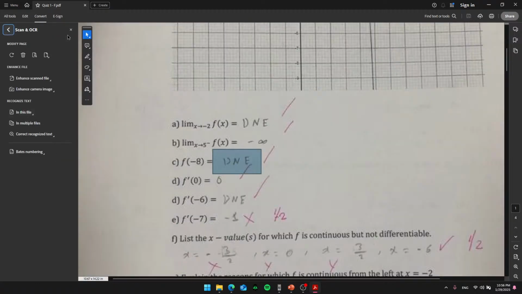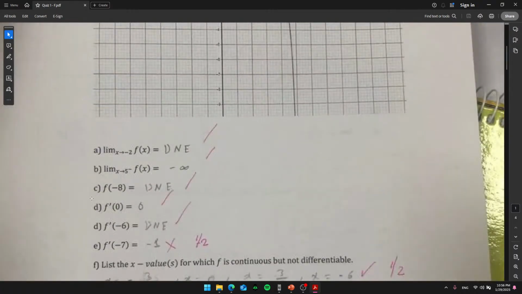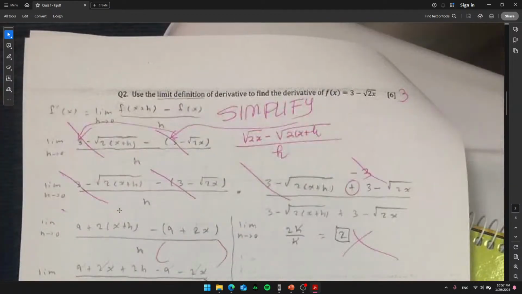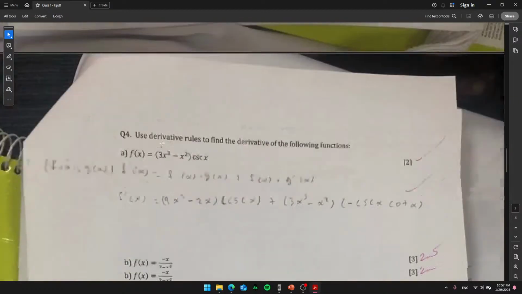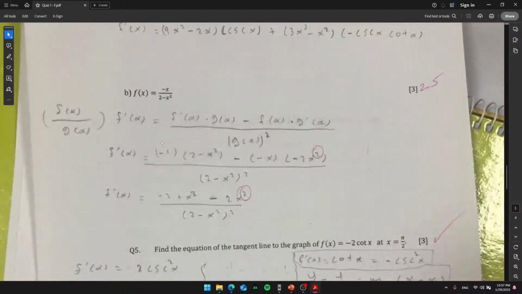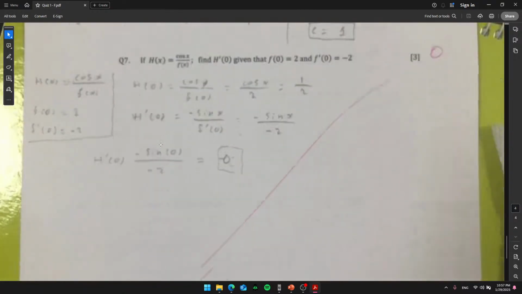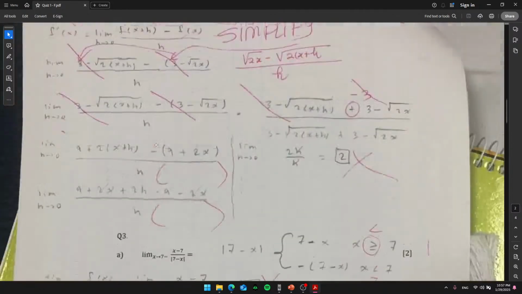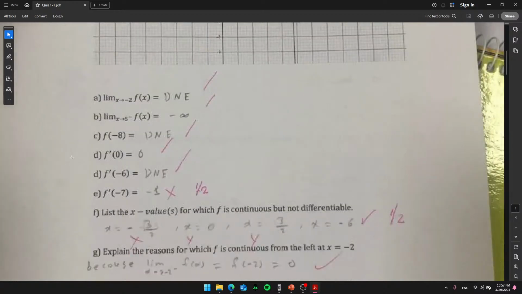There is a difference between undefined and does not exist. Derivative. We didn't take derivative yet. Yeah, this one is not quiz one. Definitely not quiz one. Maybe it's quiz one, but he's combining quiz one and quiz two together.